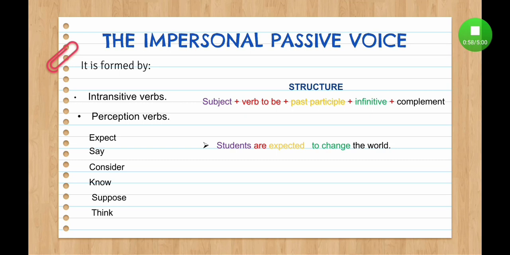Then we have another particle that is actually not mandatory because we can suppress it in some cases. And then finally we have the complement that is also not mandatory. In this case we say, students are expected to change the world.